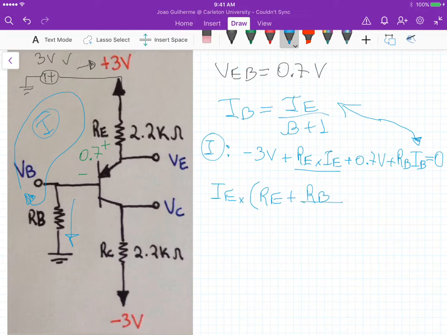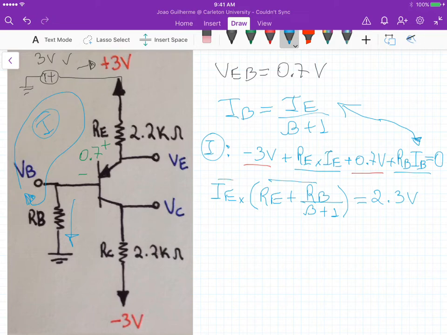Those are the terms that involve the emitter current. Now this minus 3 adds with this plus 0.7 and becomes minus 2.3 volts, and if we pass it to the right-hand side, it becomes 2.3 volts.